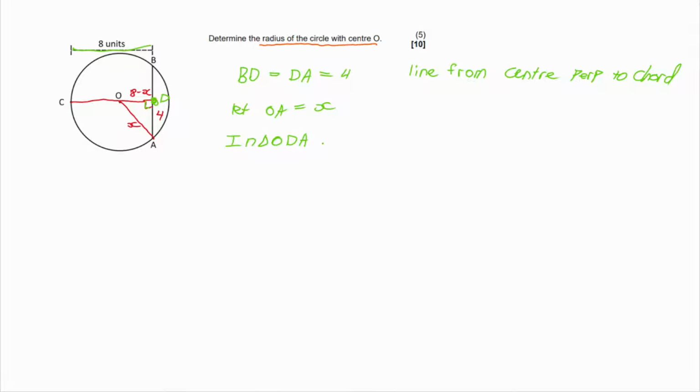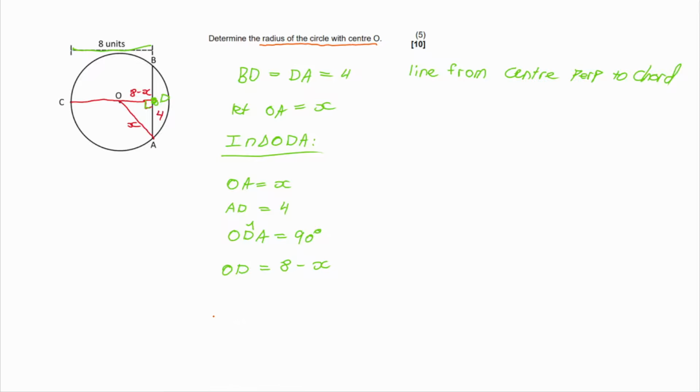So in triangle ODA, what we have is OA is equal to X. We have that AD is equal to 4. We have that ODA is equal to 90 degrees. And we have that OD is equal to 8 minus X. Okay, so what we can do now is we can do Pythag.